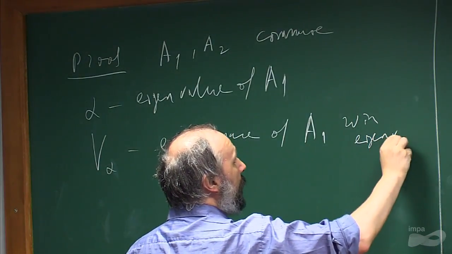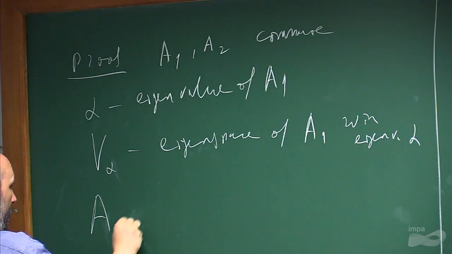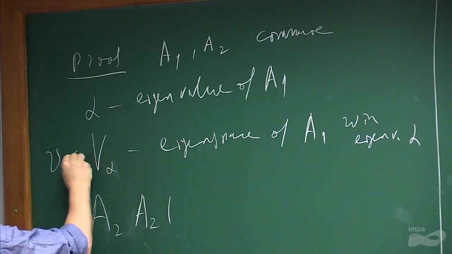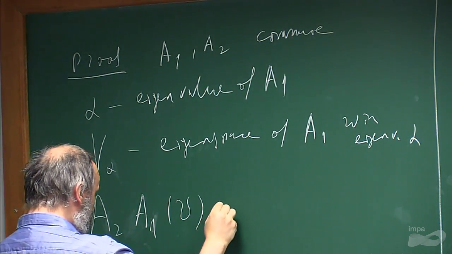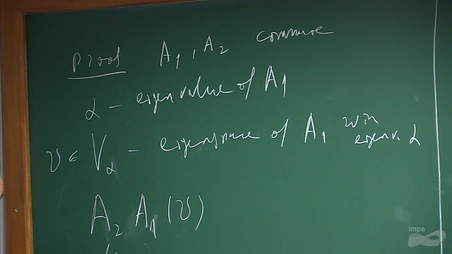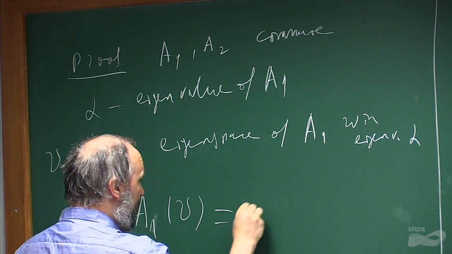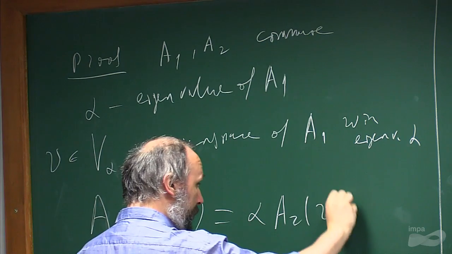Then for v in V_alpha, A1 A2 v is the same, of course, as A2 A1 v. On the other hand, A1 v is alpha v, so this is the same as alpha A2 v.